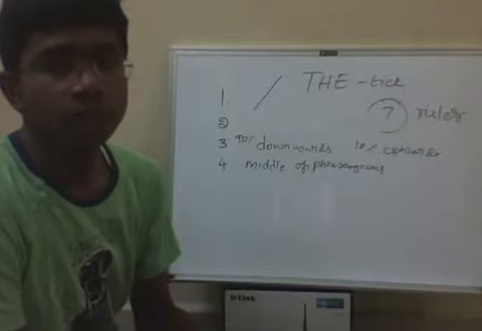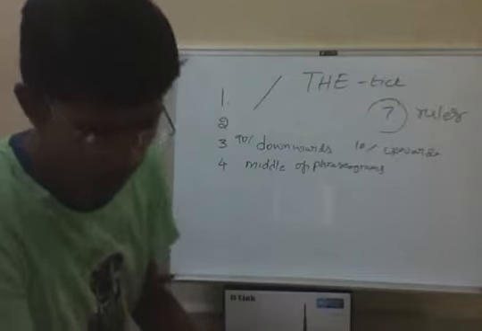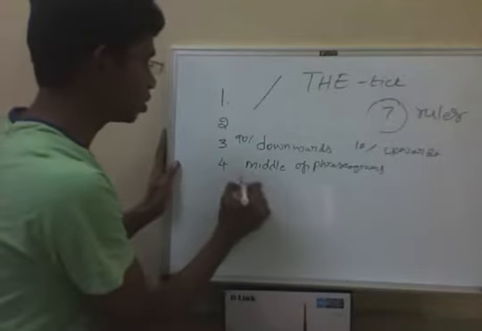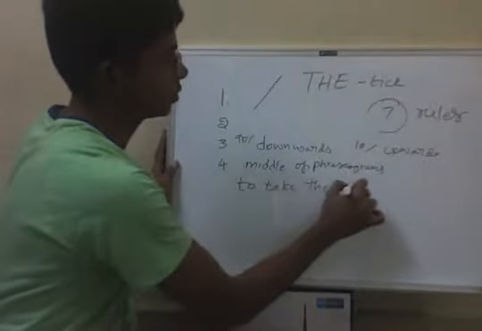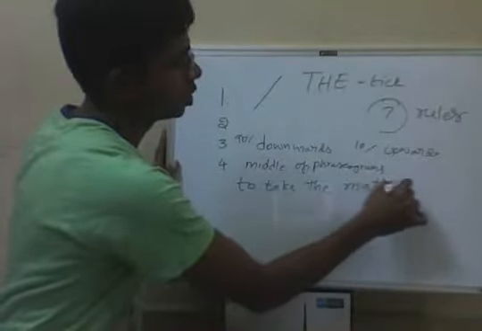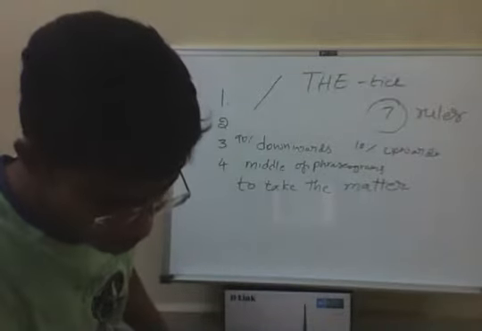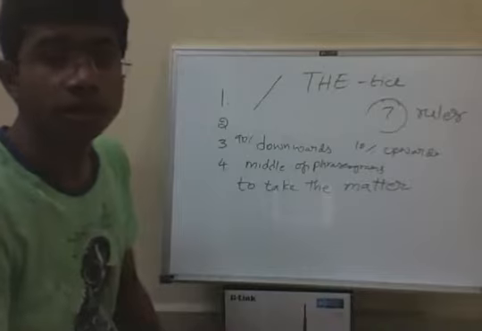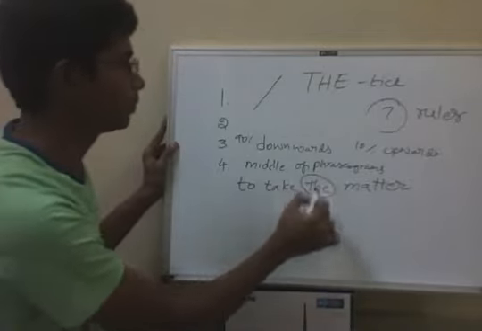Phraseograms, if it comes in the middle of the phraseogram. For example, let's take "the matter". To take the matter, if you take the same phraseogram, there is a THE.